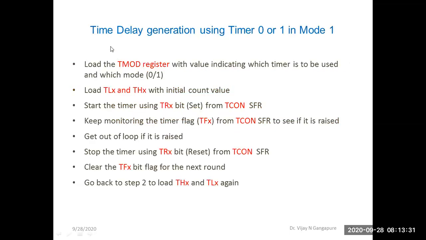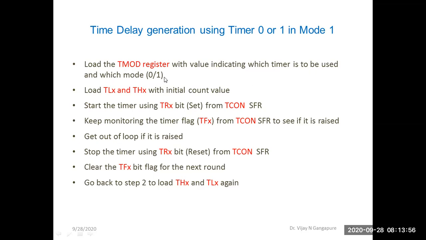First point, that is time delay generation using either timer 0 or timer 1 in mode 1, which is 16-bit mode. These are the programming steps for time delay generation using timer 0 or timer 1. First load the Tmod register with value indicating which timer is to be used and which mode.